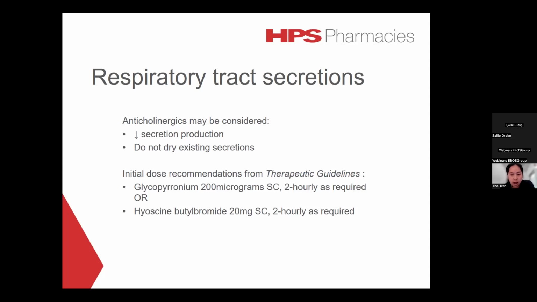However, these more easily cross the blood-brain barrier and may exacerbate delirium. These central nervous system side effects are rarely seen with glycopyrronium and hyoscine butylbromide. There is not a lot of evidence to support the use of anticholinergics for these indications.